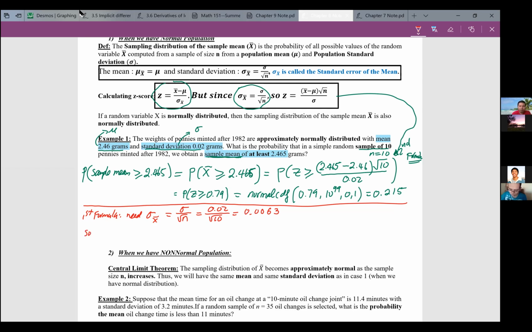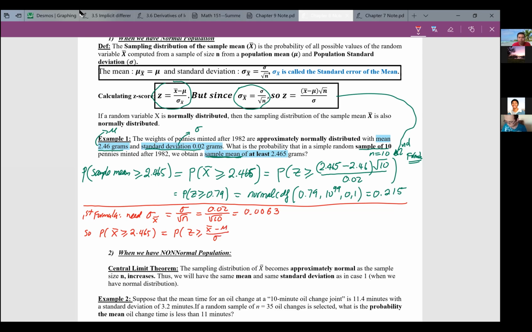So the probability of x bar bigger than 2.465 now can be calculated as probability z bigger than (x bar minus mu) over sigma x bar, which gives us z bigger than (2.465 minus 2.46) divided by 0.0063.